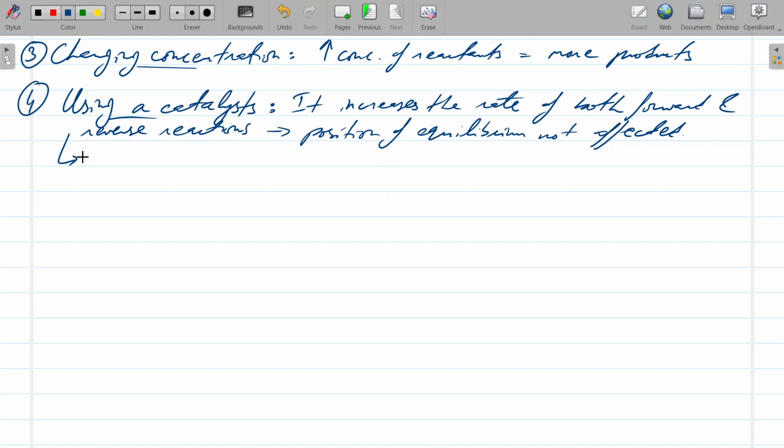So you're getting products more quickly. It's increasing the rate of reaction. So you adjust the other things, the concentration, the pressure, and the temperature to favor the forward reaction. The catalyst is going to make it happen more quickly compared to happening without the catalyst. And so you're going to get products in lesser time.